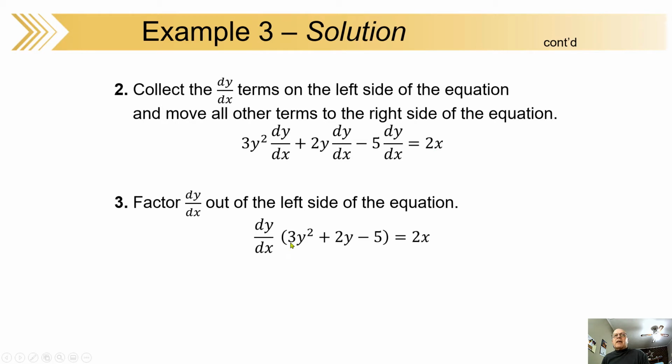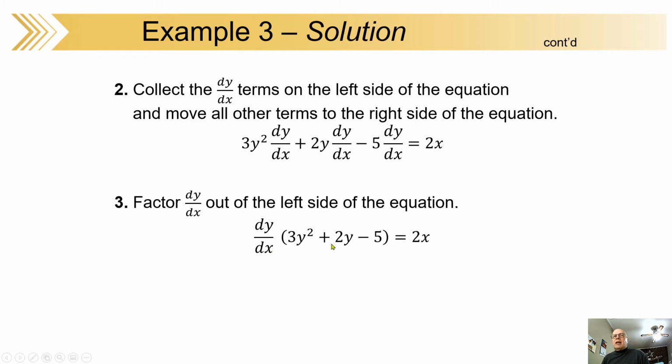Now if you think of this expression right here as the same thing as, what if that were 17? What would you do to get dy dx? You'd divide both sides by 17, or whatever the number was. Well, all we have to do is divide both sides by this, and the left-hand side will be just dy dx.